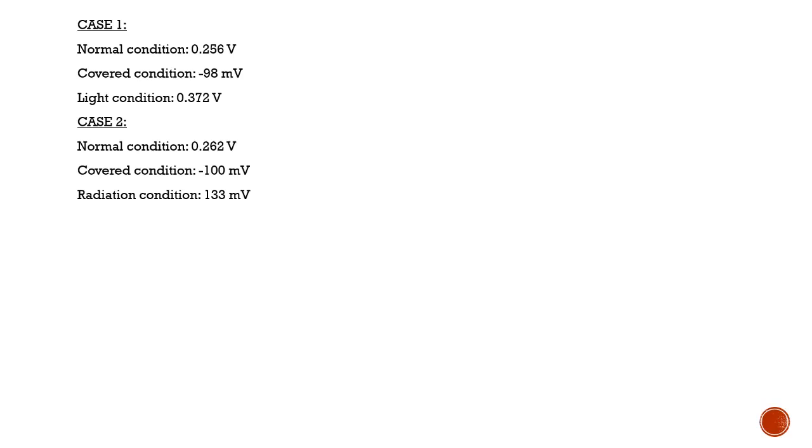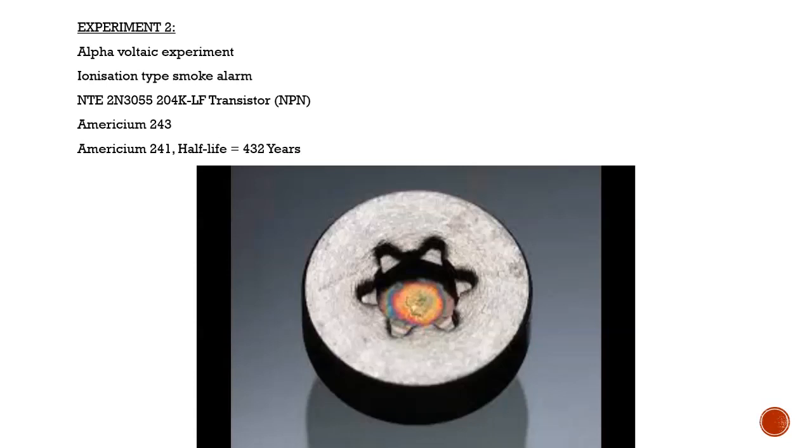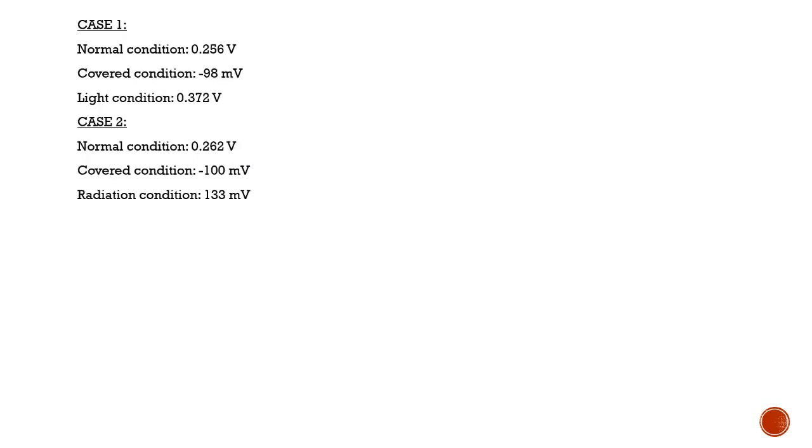Now in case two, we take the same normal condition, where there is nothing attached to the transistor except a load. In that condition, the transistor will deliver 0.262 volts, and in a covered condition, it will deliver around minus 100 millivolts. When the americium is directed towards the transistor, the radioactive decay is going through, and the radioactive particles are thrown towards the transistor.